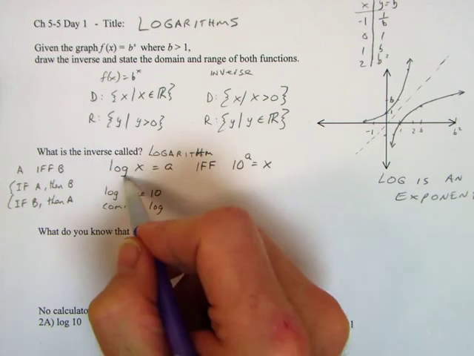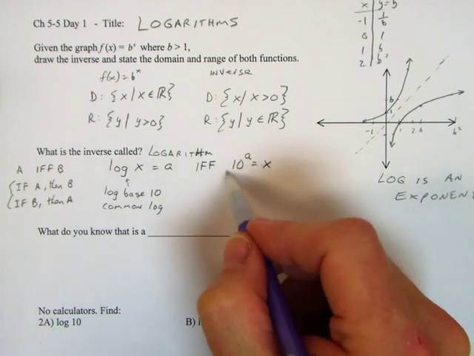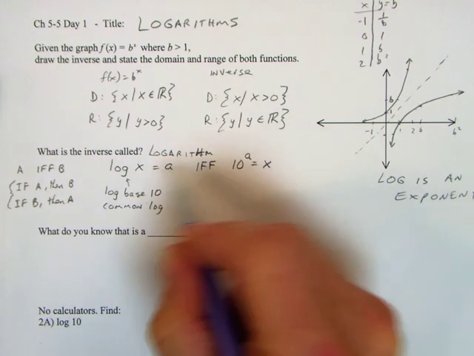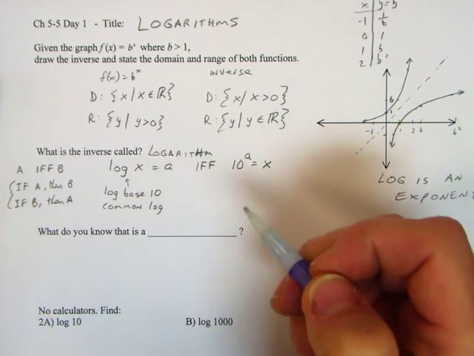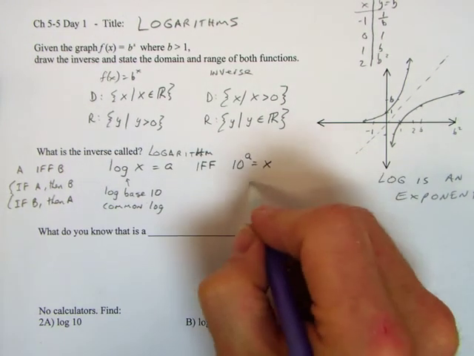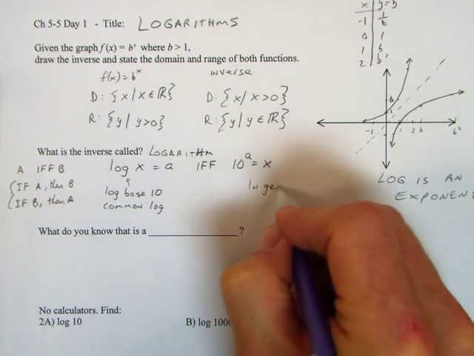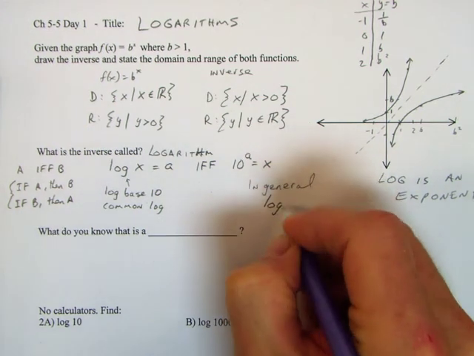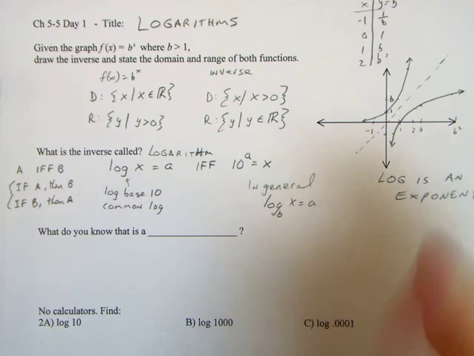So the base of the log is also the base of the exponential. So the base to that exponent is going to equal the argument of the log. In general, log base b of x equals a.